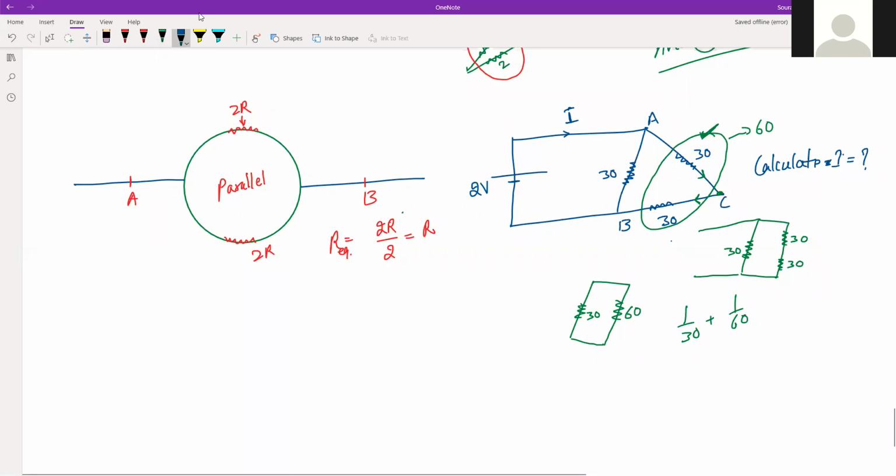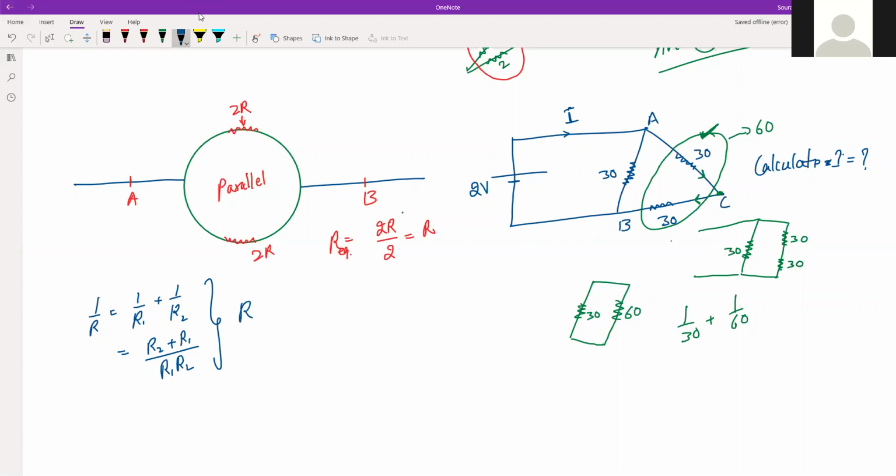And even for this, let us see a general result. If it is R1, R2, it will be 1 by R1 plus 1 by R2, that is equal to R2 plus R1 divided by R1 R2. So from this, what do we conclude about R?